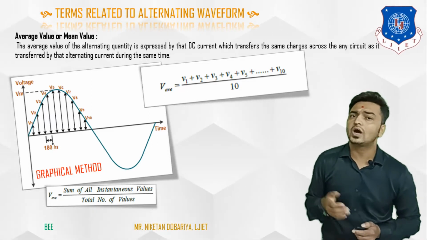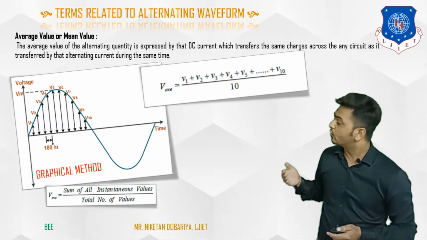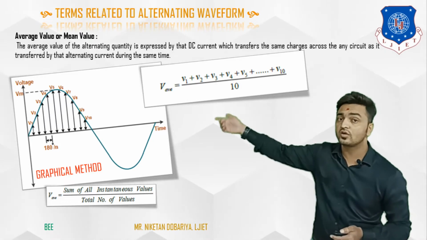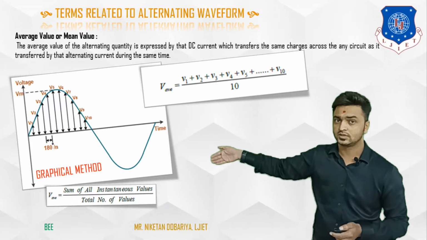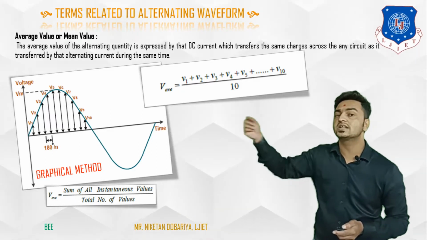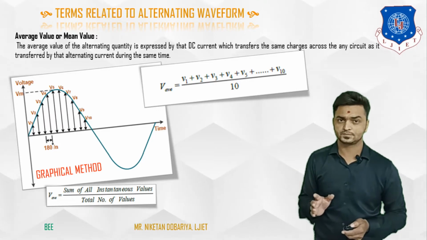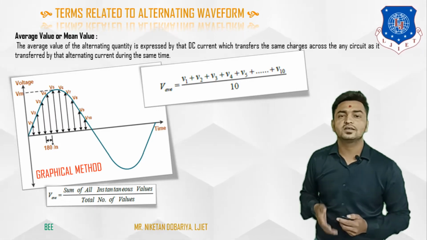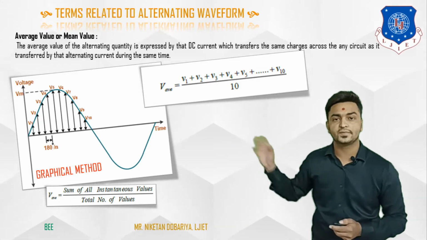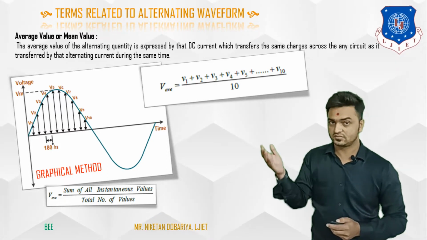So basically, how can we find the average value? We are going to consider all the instantaneous values on this positive half cycle, and find the average of those values. But practically, it is impossible to consider all instantaneous values on the positive half cycle, because they are infinite in number.